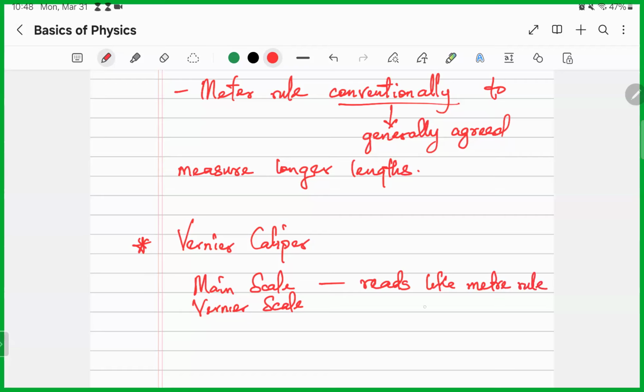For the vernier scale, you add the decimal portion, the specific value divided by 100, to the main scale.